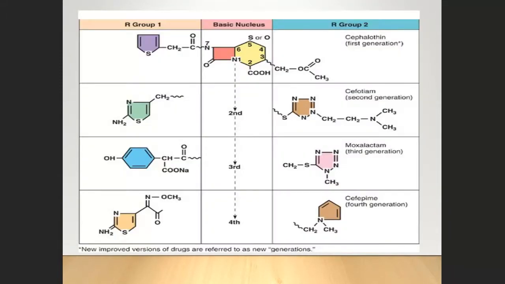Again, the way they made the second, third, and fourth generations is just playing with the R group over here, radical group number 1 or radical group number 2, or side group number 2. The nucleus or center is going to be the same. They all have the beta-lactam structure over here.